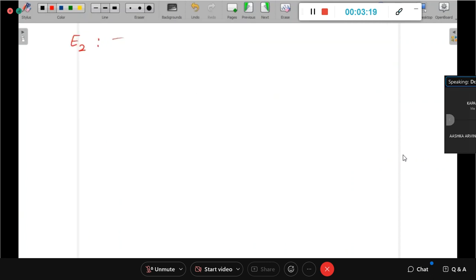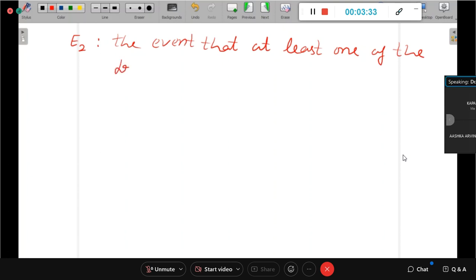E2 is the event that at least one of the drawn cards is a spade, and there could possibly be at most 5.